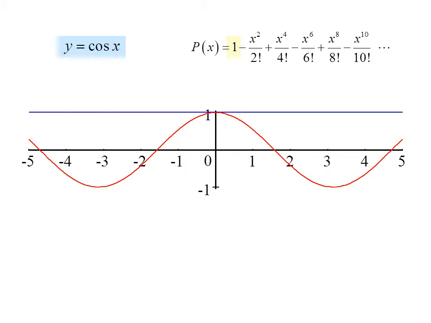We see that this is a good approximation if we're very close to x equals 0. But away from the origin, it's not even close. If we plot the first two terms, we see that already our approximation is beginning to match the original function near where x equals 0.